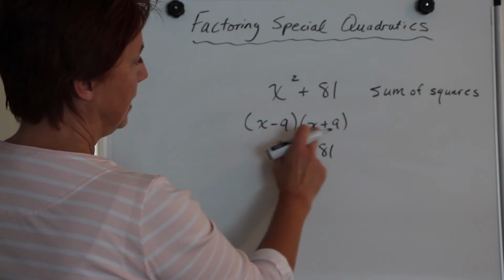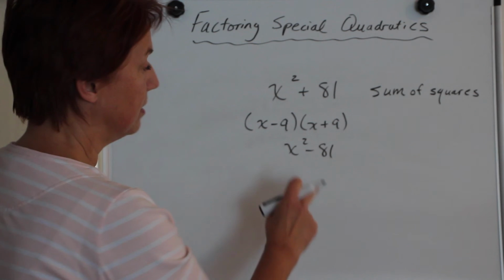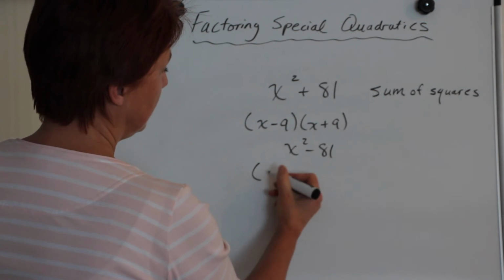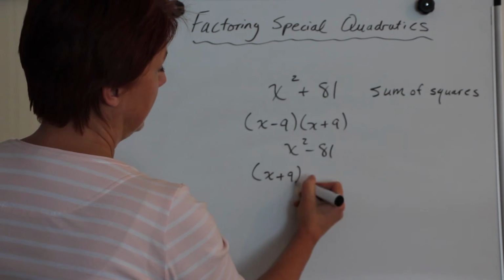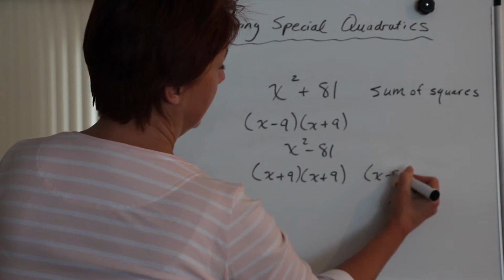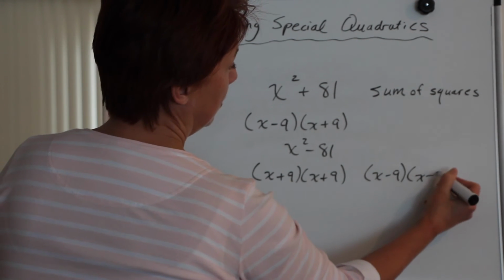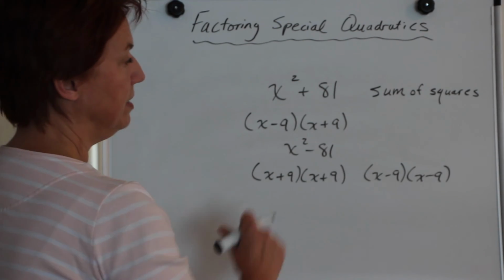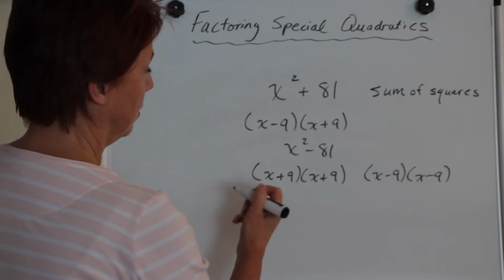The minus times the plus isn't going to give us a plus, it's going to give us a minus. If we say, oh, then it must be (x plus 9)(x plus 9), or (x minus 9)(x minus 9), that won't work either, because if we multiply these out, the middle term will not go away, okay?